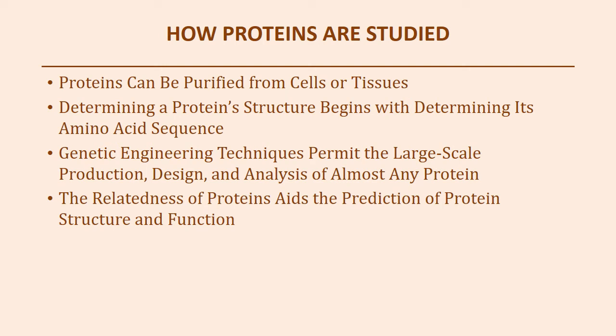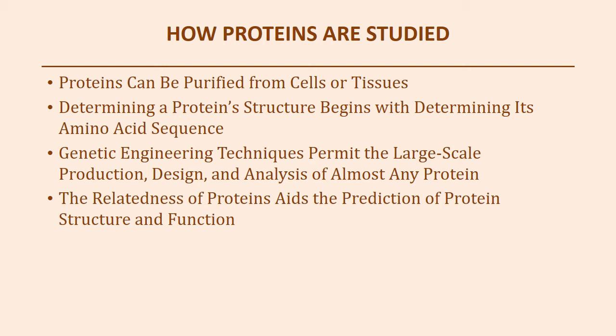How are proteins studied? Well, the first thing that needs to be done is that the proteins need to be purified or separated from their sample, whether this is from a cell or a tissue sample. Then we need to determine the protein structure by looking at how the amino acids are sequenced together, meaning what amino acids are organized together to form this particular protein.